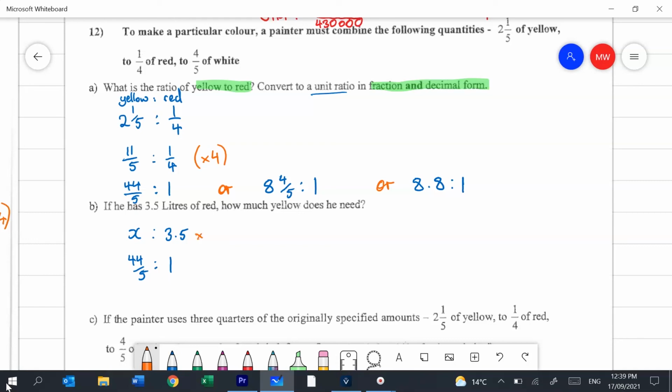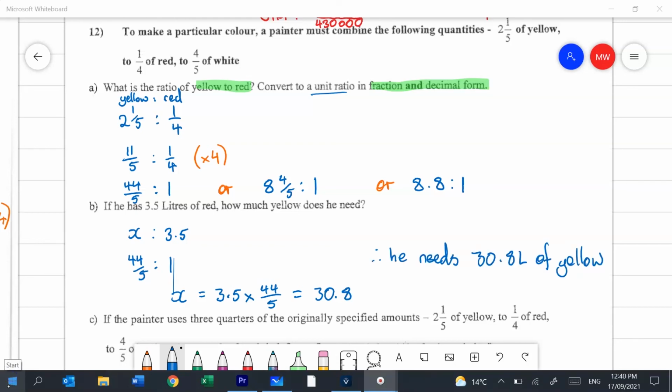So X will be 3.5 times 44/5, and that will give us 30.8. So writing it as a written answer, he needs 30.8 litres of yellow.